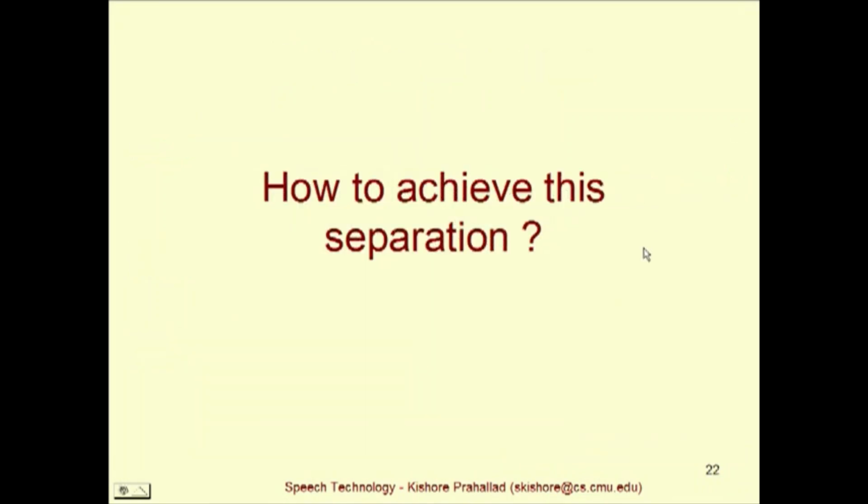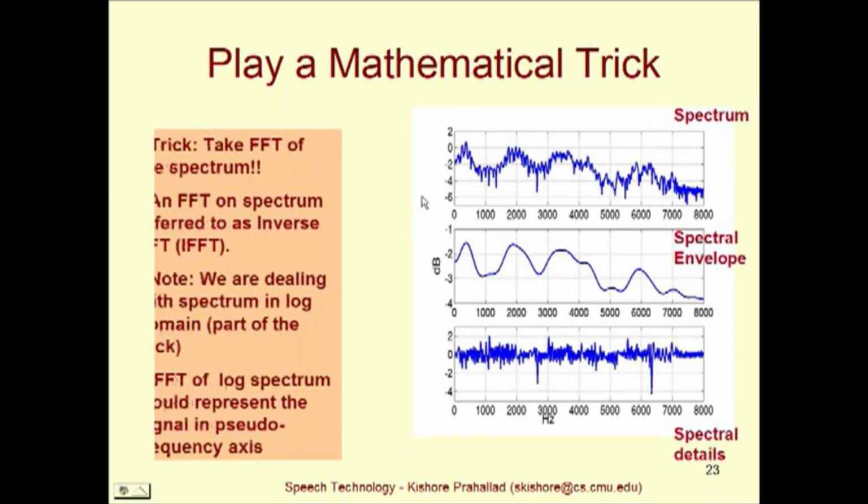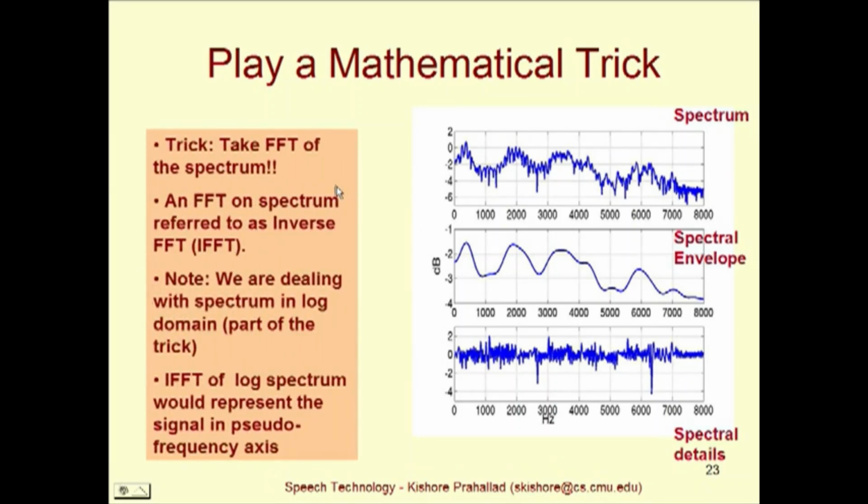So how to achieve this separation? Let's play a mathematical trick to achieve this separation. So what's the trick about? The trick is to take the FFT of the spectrum. So please note that this is already the FFT of the speech signal, and then we are talking about taking the FFT of the spectrum itself.